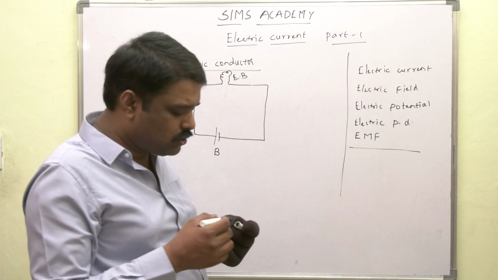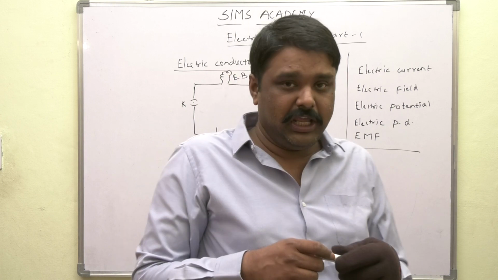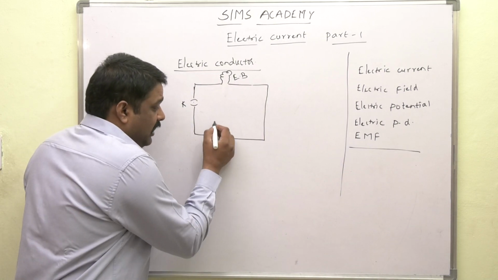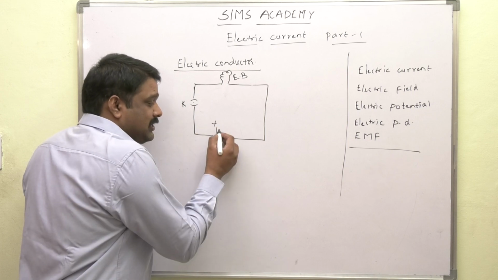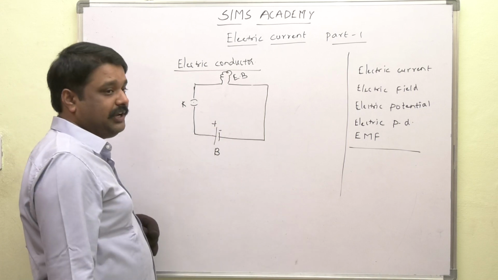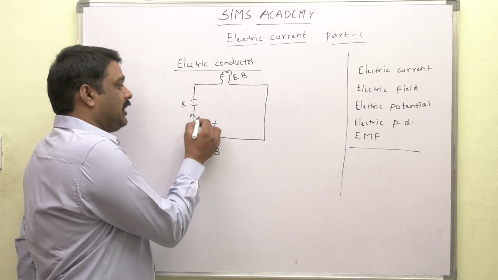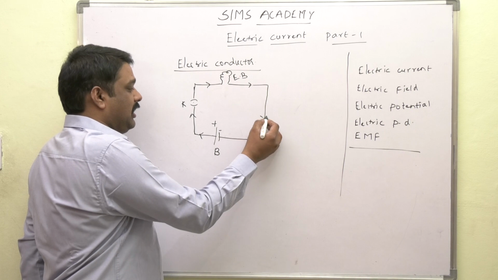When the key is closed, what happens? Obviously, current exists. In case of a battery, the longer line indicates the positive terminal, and the shorter one indicates the negative. The current always moves from the positive terminal of the battery to the negative terminal of the battery.